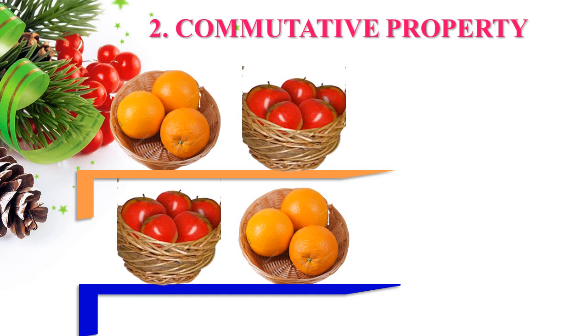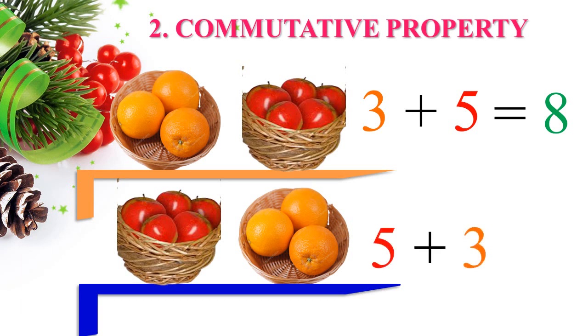Let us find the number of fruits in each table. In the first table, 3 plus 5 equal to 8. In the second table, 5 plus 3 equal to 8. Here, both tables have the same number of fruits. See children, here the numbers are interchanged but the sum is the same.